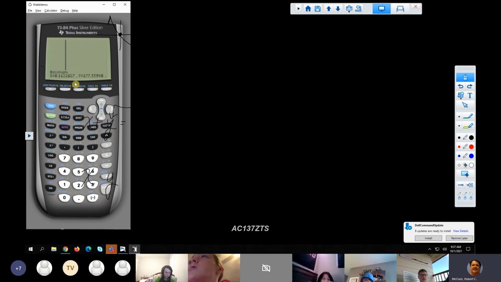They say that the maximum is 177. Okay, something is definitely not right with this problem. Zoom out. I'm going to try to find out where this vertex is. Hold on just a second.